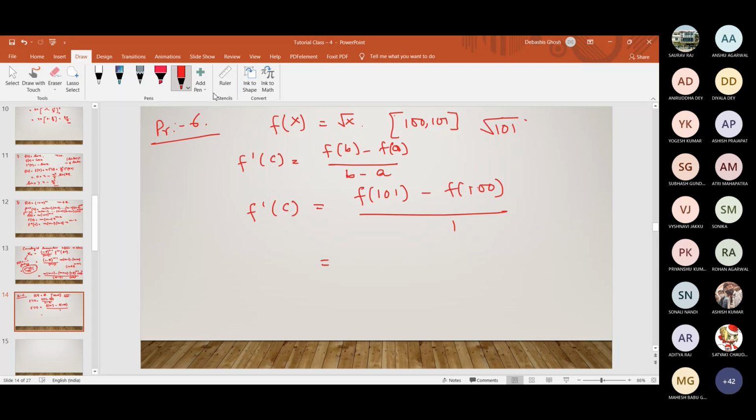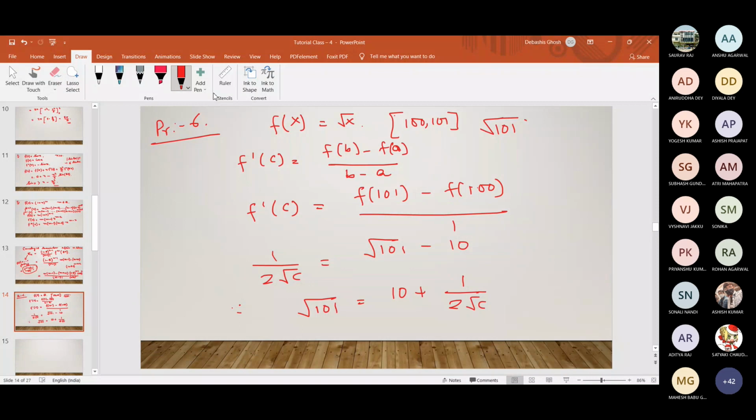This comes to under root of 101 minus 10. How much is f dash c? That is 1 by 2 root c. So therefore under root of 101 comes to 10 plus 1 by 2 root c.